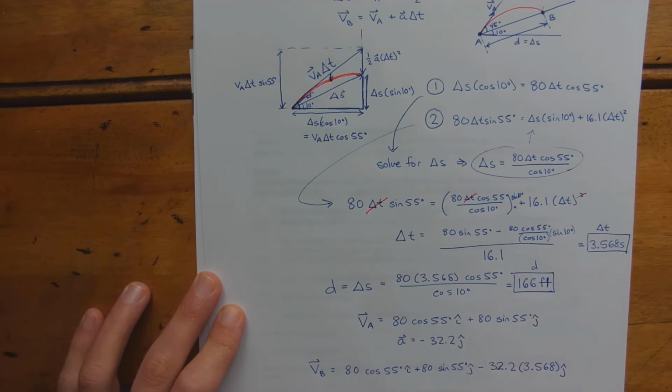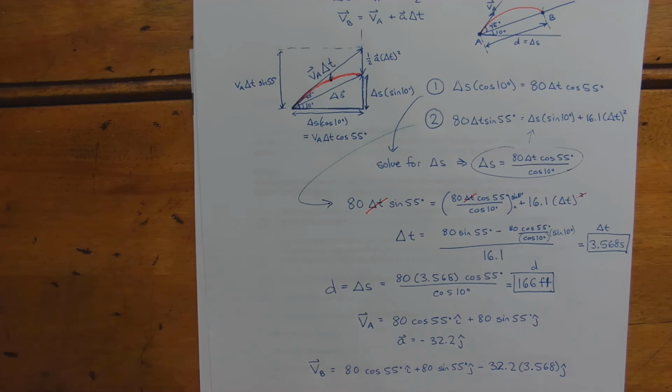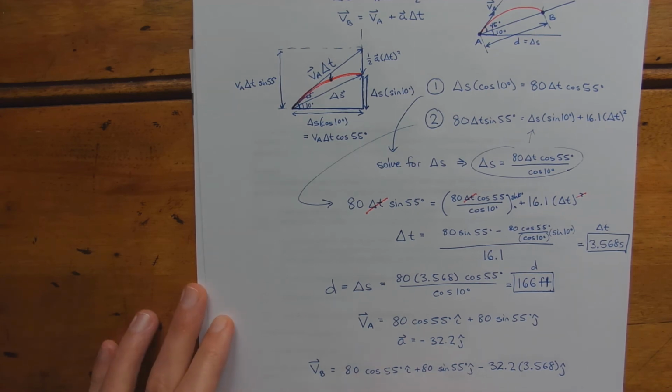And the acceleration is in the negative j hat direction. So then do 80 times cosine of 55 degrees, and that will give you the x component of the final velocity. And 80 times cosine of 55 degrees is 45.886. That's in the i hat direction.